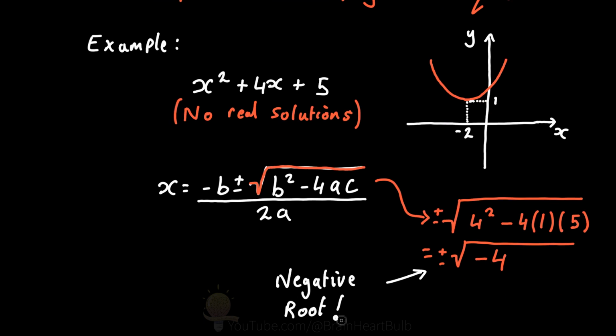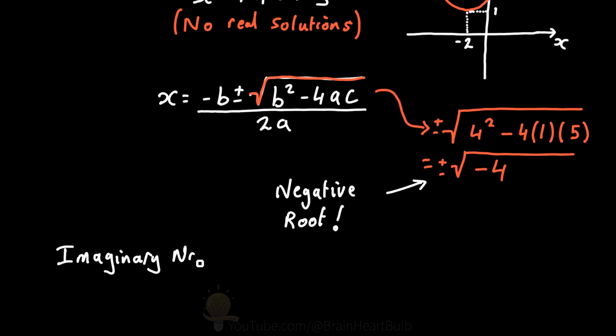But we can in fact express this negative root as multiples of i, which is the imaginary number. And we can do this by converting our negative root here, our negative 4, into a positive 4 multiplied by negative 1. And the root of positive 4 is 2.